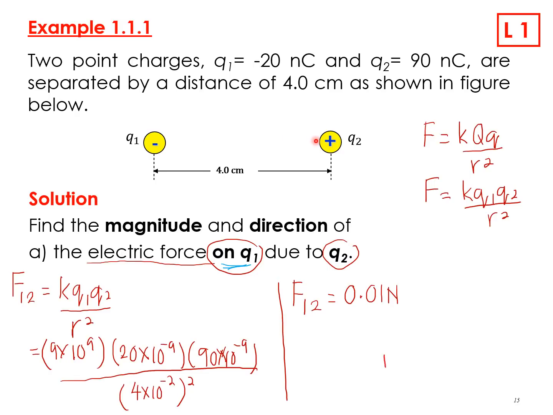Opposite charges result in Q1 being attracted to Q2. Since Q1 is attracted to Q2, logically the direction of the electrostatic force should be like this.